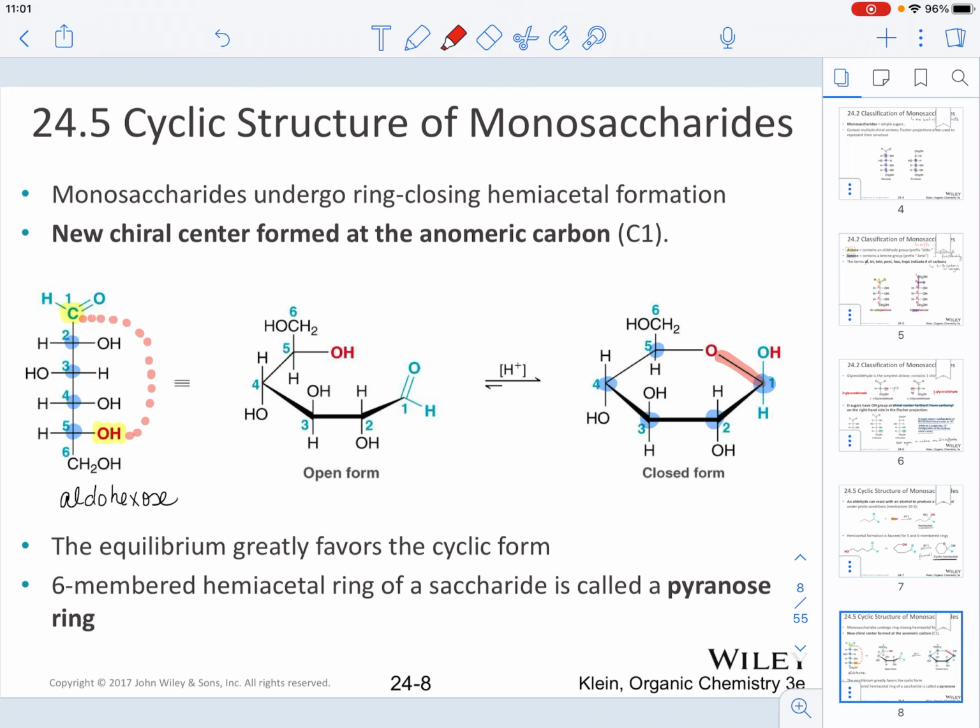And that chiral center is known as the anomeric carbon. Understand that the equilibrium of this system is going to greatly favor that cyclic form. And when it comes to an aldohexose, we are going to form a 6-member hemiacetal ring of that saccharide, and that specifically is called a pyranose ring.